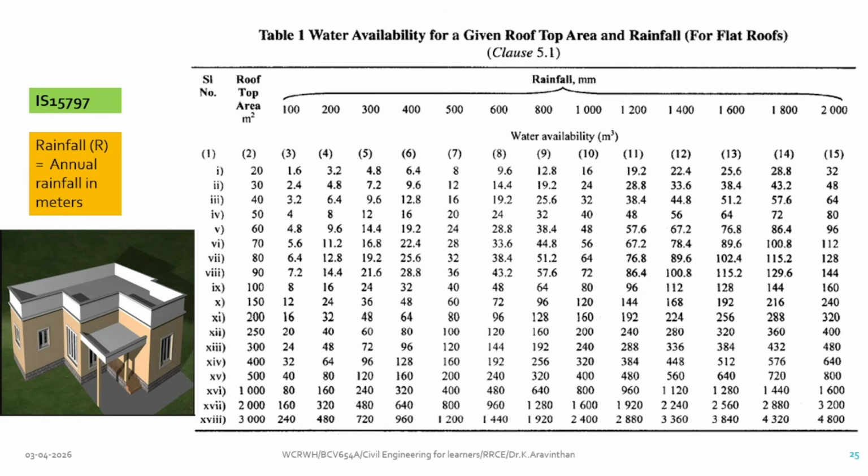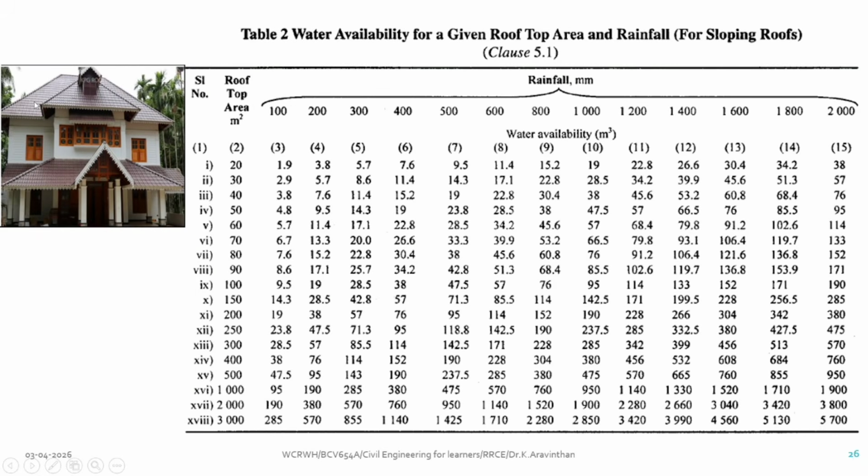Here you can see for 100 mm rainfall, the same rooftop area of 20 meter square on a flat roof collects 1.6 meter cube of water. In the same way, for a sloped roof, at 100 mm rainfall at the same location, 20 meter square of rooftop area collects 1.9 meter cube of water. So this is a difference when collecting rainwater. The sloped roof holds more water. It does not hold the water, so there will be no evaporation loss, etc.